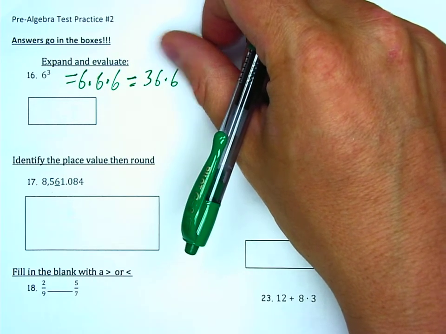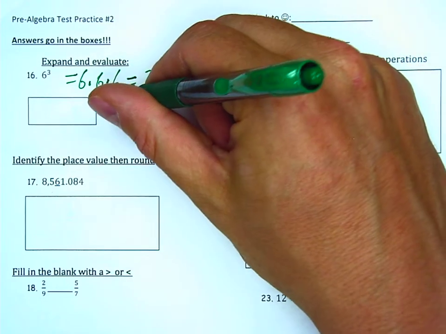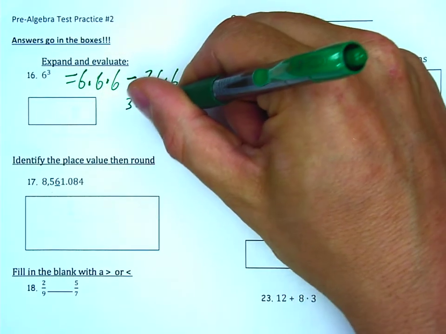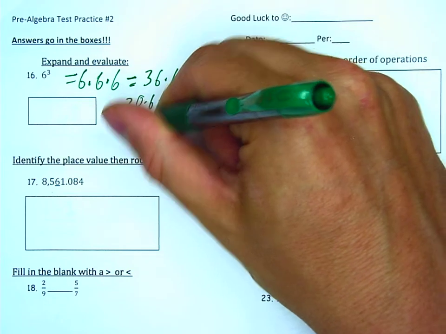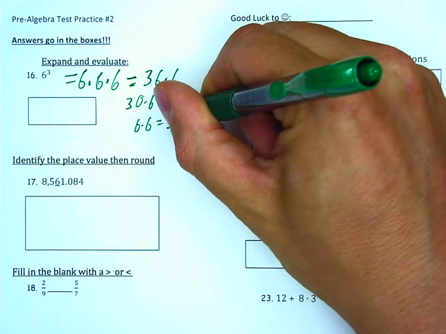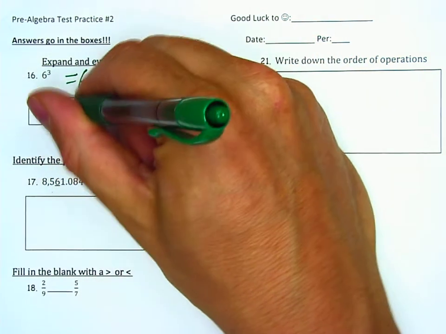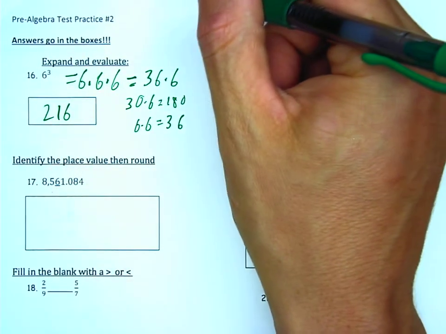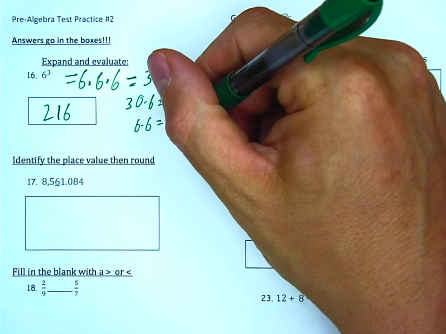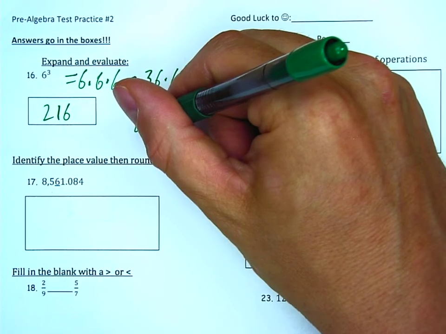So 30 times 6 is 180. And 6 times 6 is 36. So this is, once again, 216. This particular question's answer. 180 plus 36. 30 by 6 plus 6 by 6.